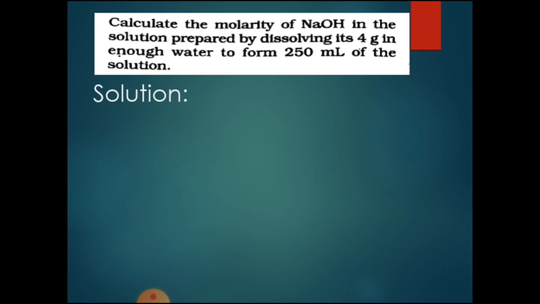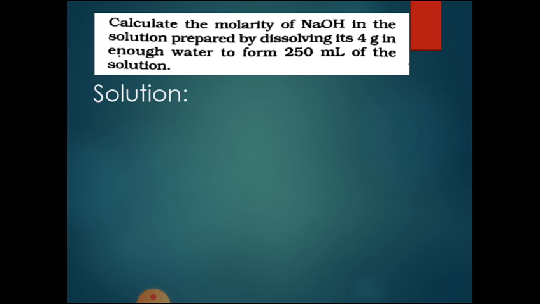Now with an example problem we can understand how to calculate. Calculate the molarity of NaOH, sodium hydroxide, in a solution prepared by dissolving 4 gram in enough water to form 250 ml of the solution.